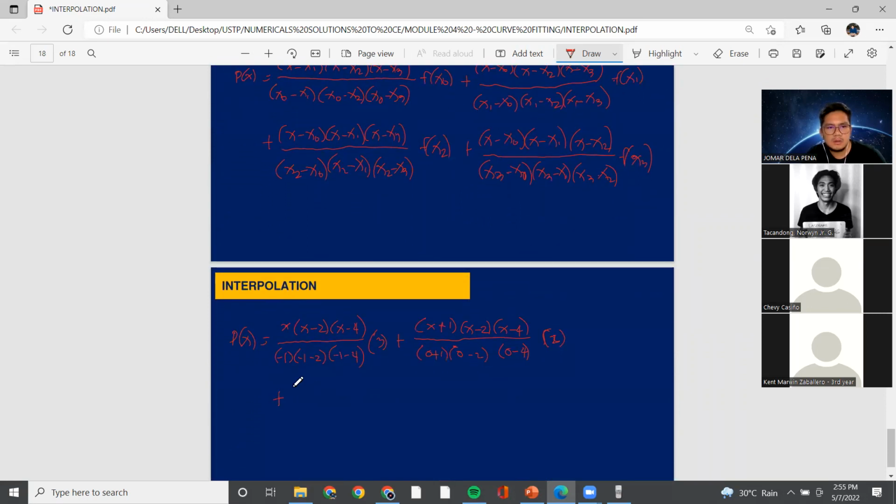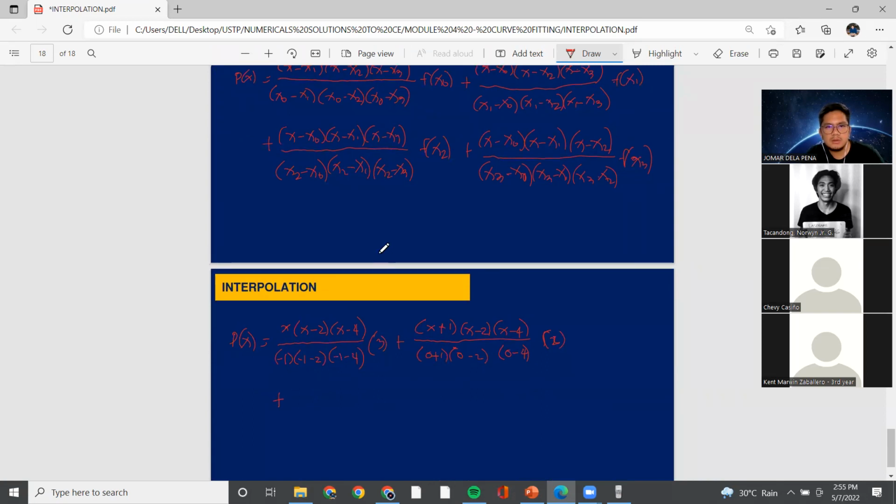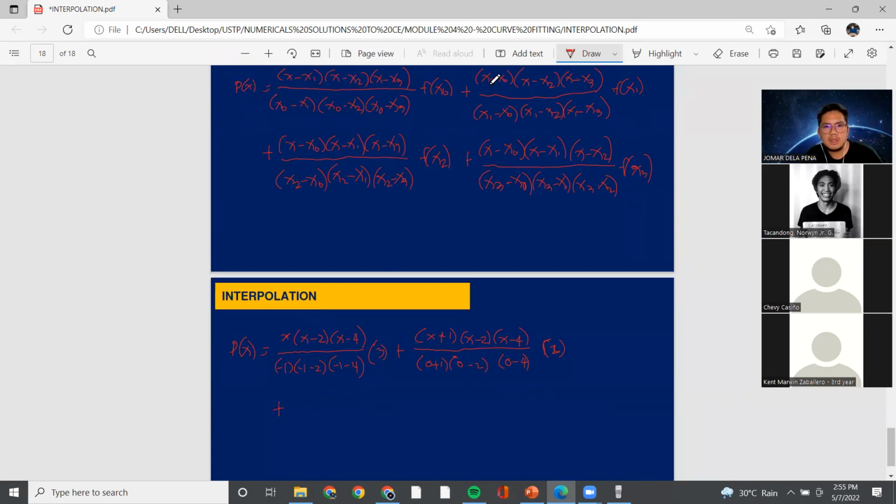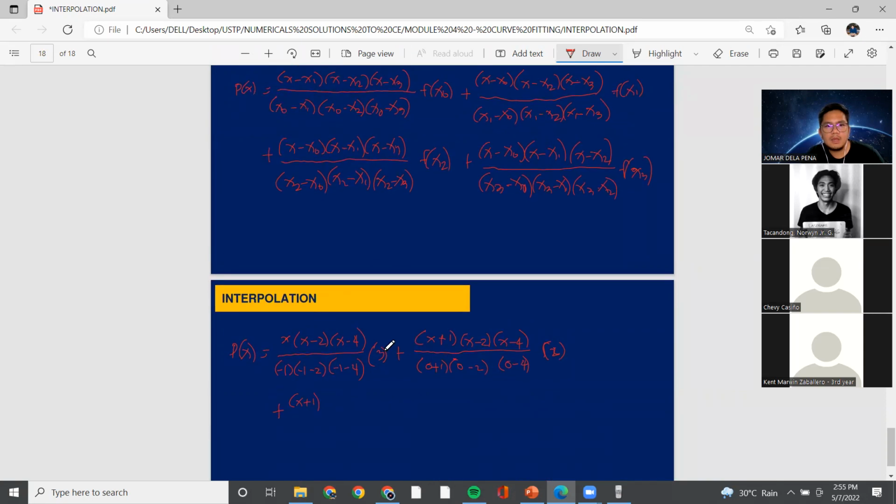Plus x minus x sub o. Naway parehas tikas. Tara, x minus x sub o, that is x plus 1. The next is x minus x sub 1, that is paparehan niya. Tara, so that is x. Then x minus x sub 3, x minus 4.